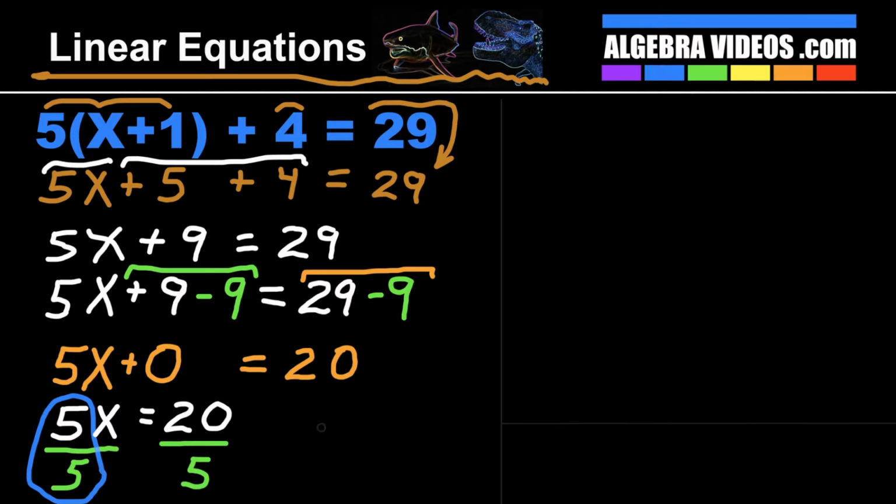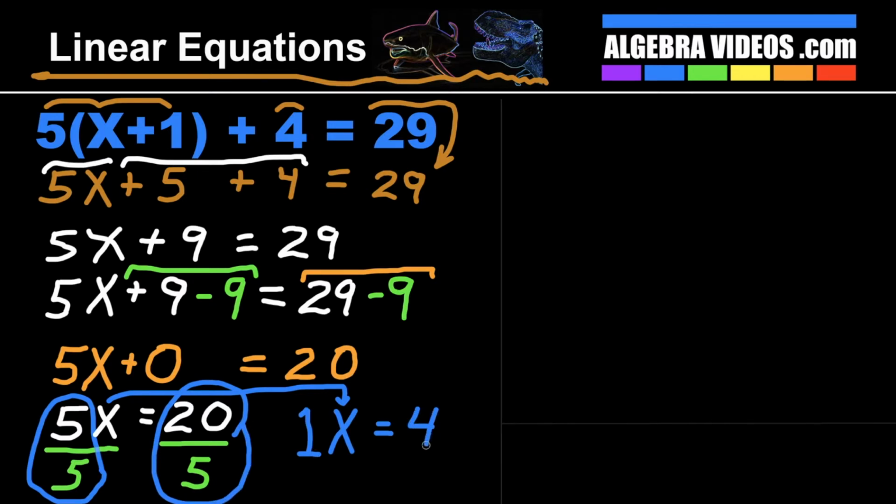So 5 divided by 5, that just simplifies into 1. And then the x doesn't change. I'm just going to rewrite it over here. No change there. And that equals, on the right side, 20 divided by 5. What is that? 20 divided by 5 is 4.